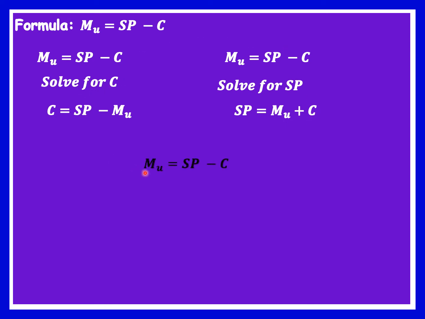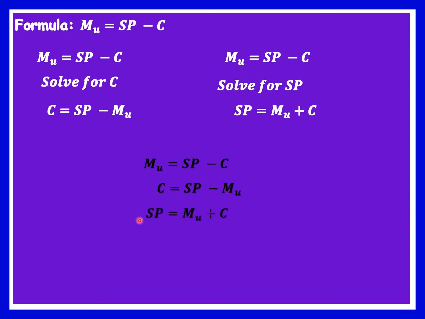Okay, so there are three formulas. Once again, M sub U equals SP minus C, solving for the markup given the selling price and the cost. Another formula that we have derived is C equals SP minus M sub U. We will use this to solve for the cost given the selling price and the markup.